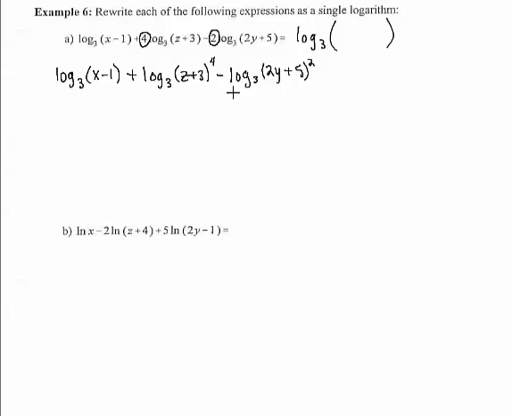Now that we've gone backwards and found the exponents of the expressions, we can apply the multiplication and division properties of log, which say that if you have two things multiplied in one argument, then you can split them apart with addition. So we're going to go backwards. These two log expressions with the same base are separated with addition, so we can rewrite this as x minus 1 times z plus 3 to the 4th power.